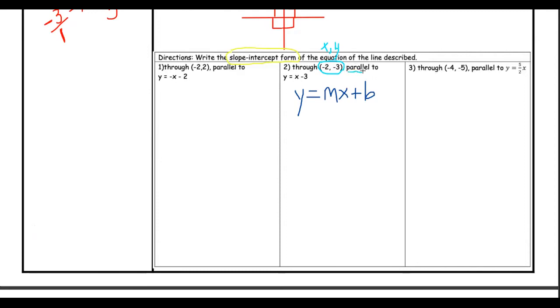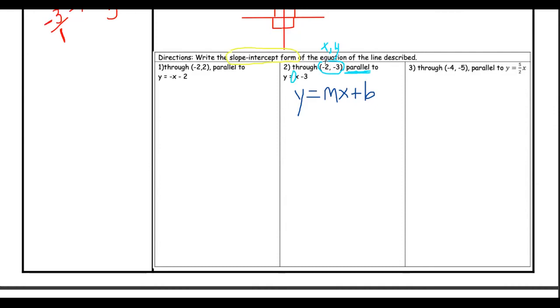Next, we get parallel. That's important because we know parallel means same slope. And this line is important because the equation of this line is written in slope-intercept form, and that means the number in front of x is the slope. So I have a little circle there highlighting the invisible number in front of x.